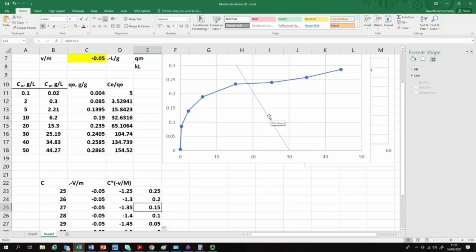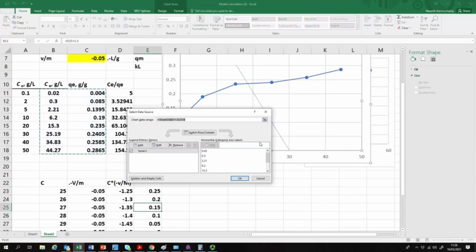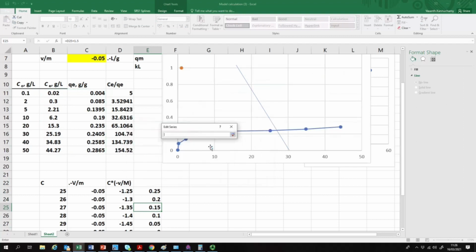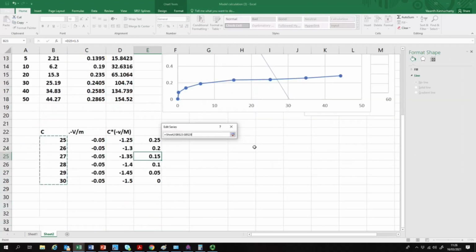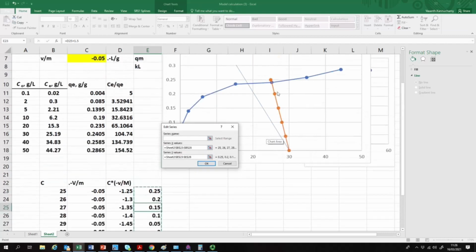All we need to do now is plot: select data, add x value, start from here versus this value. Whatever line you get is nothing but your operating line.